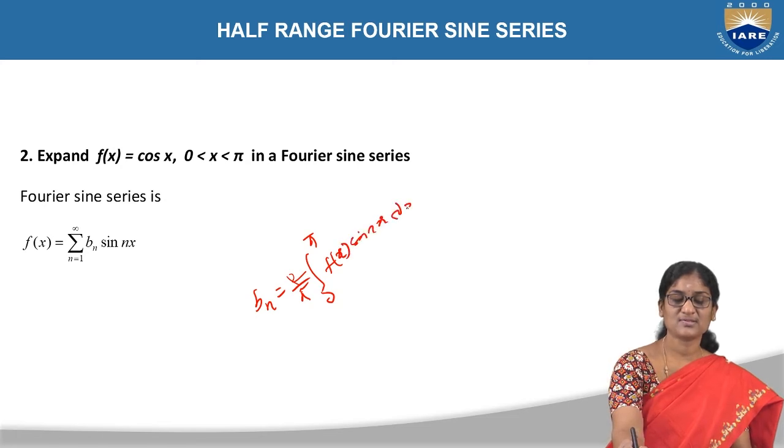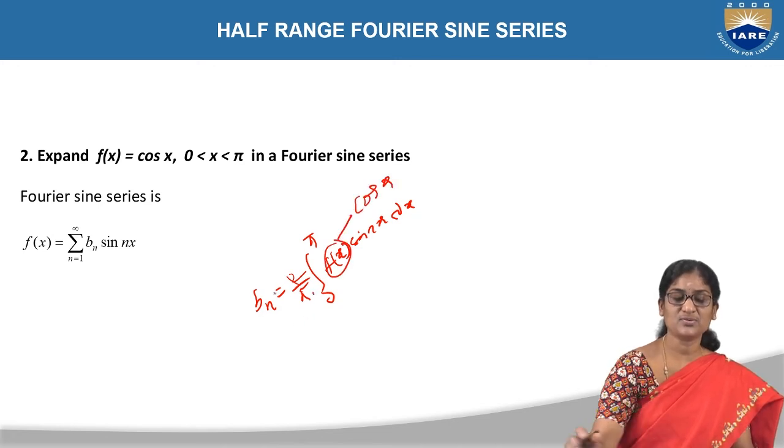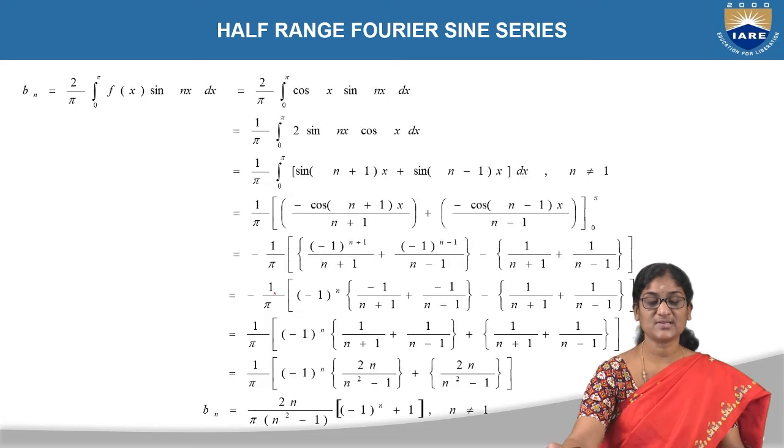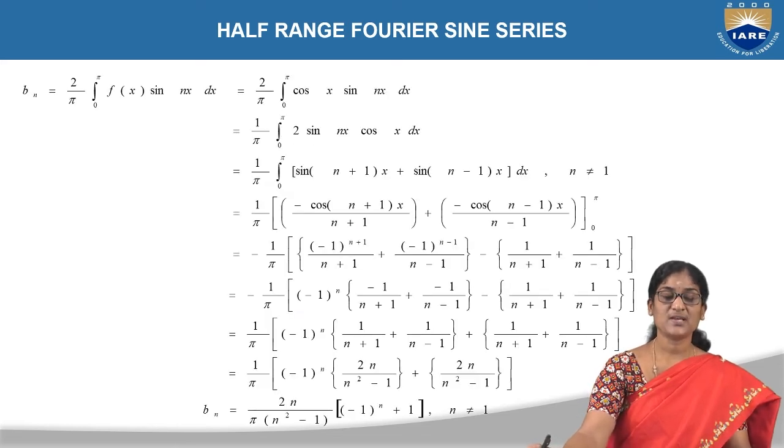So if you substitute f of x as cos x here and find out the bn value, resubstitute to get the Fourier sine series. So let us see what we are going to get. So bn is equal to 2 by pi integral f of x sine nx dx, limits from 0 to pi. Here, for the product of the two functions, first we will reduce it into a single function by using 2 cos a sine b.